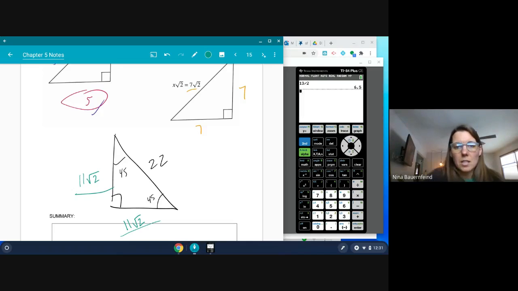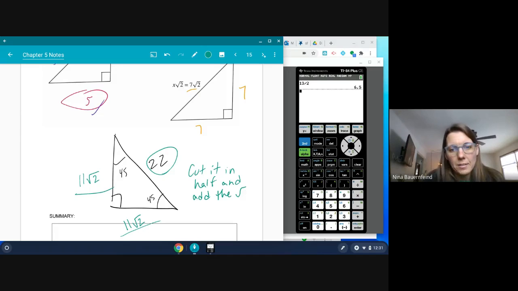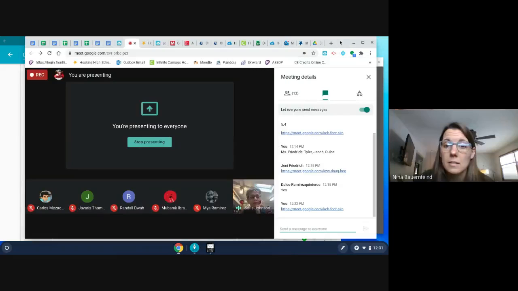So with these, if you have a nice number here, just cut it in half. Cut it in half and add the square root 2 at the end. And that's it. Okay?